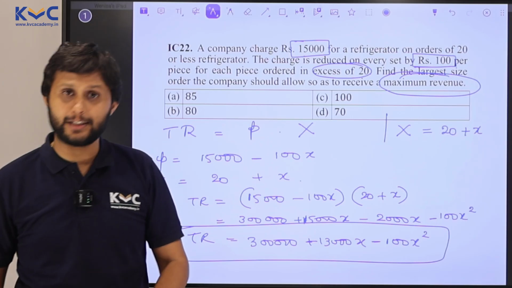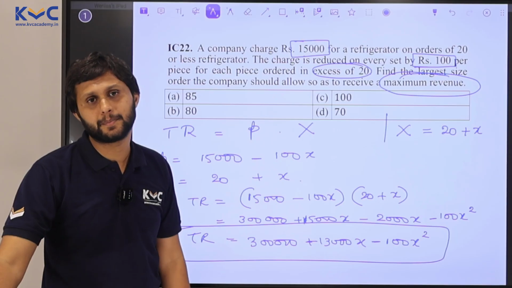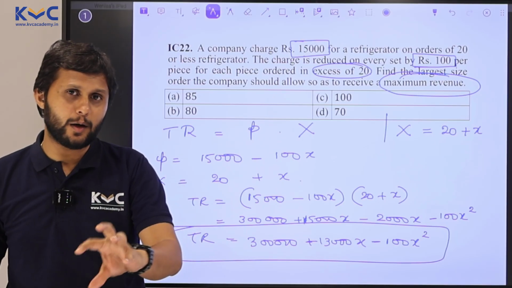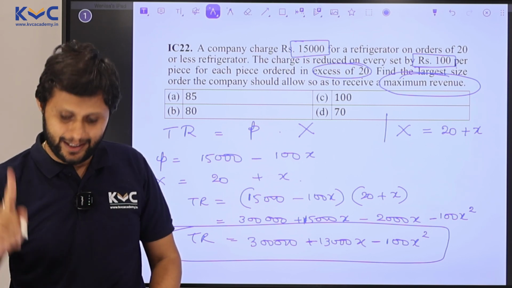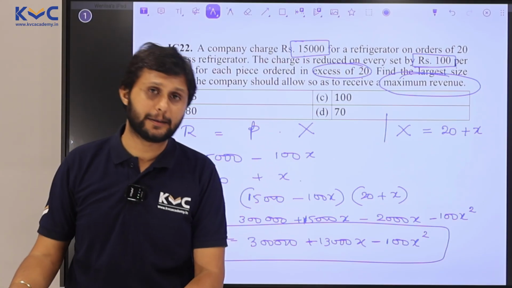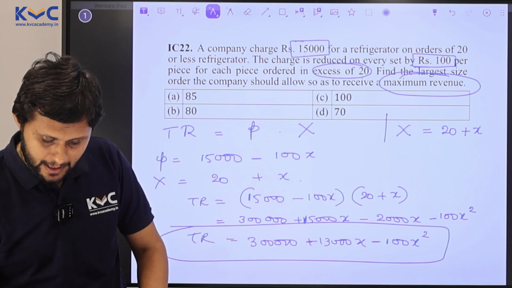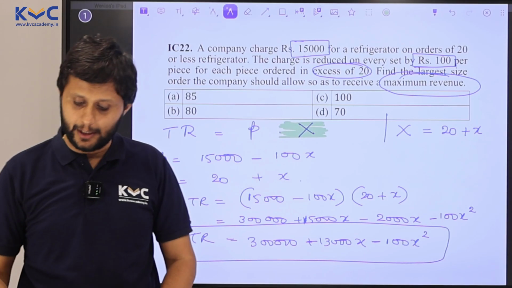Do we have 65? It is not there. Good, it is not there, because if it was there, we would have ticked 65. 65 is not the answer that they are looking for. We got the value of small letter x. What is the requirement? The requirement is to calculate the largest size of the order. And for us, number of units is given by, I'll highlight that, this capital letter X. Now we have to add 20 to it.